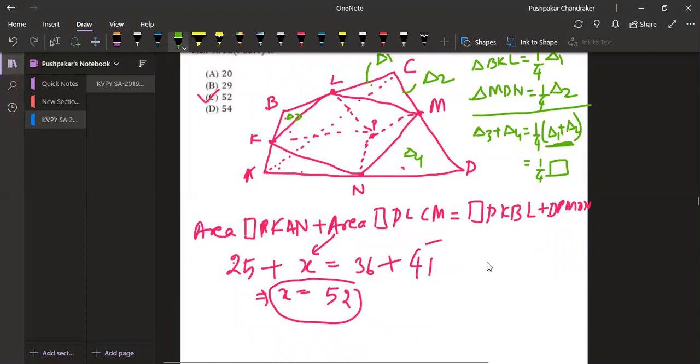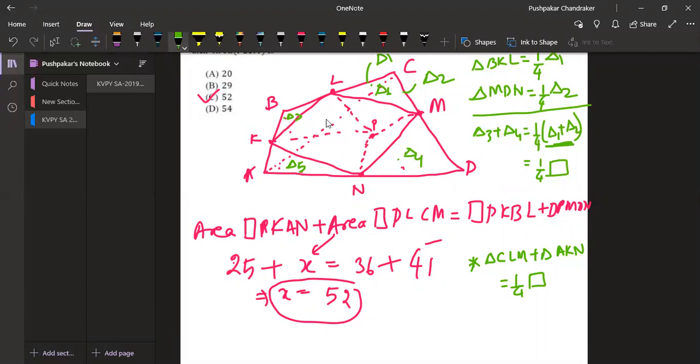We can apply the same trick for triangle area CLM plus triangle area AKN, which will also be 1/4 of the quadrilateral. You can draw one more diagonal and prove that. So we got to know this two-area sum is equal to this two-area sum. I am writing delta 5 and delta 6 here. So we proved that these two sum is equal to these two sum.